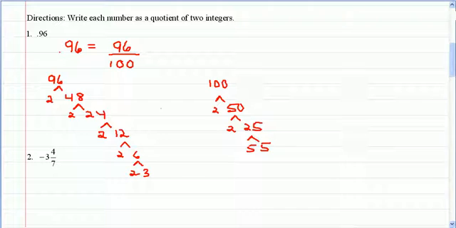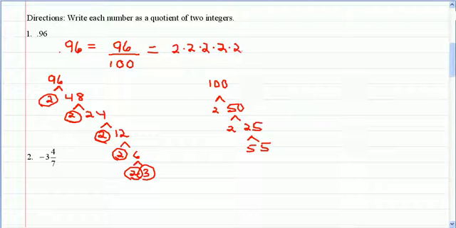so by writing the prime factorization of 96, I'm going to expand the numerator as 2 times itself 5 times 3. And then in the denominator, I have 2 times 2 times 5 times 5.